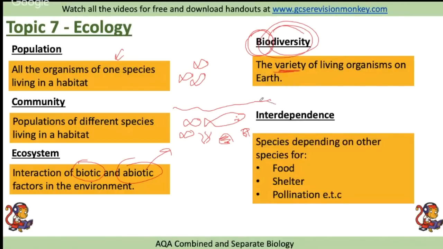Final word, interdependence. That is the dependence of different species on each other. So some species could be dependent on each other for food, perhaps for shelter. So birds are dependent on trees for shelter, for example. Pollination. So bees depending on particular species of flowers depending on particular species of bees for pollination, for example.